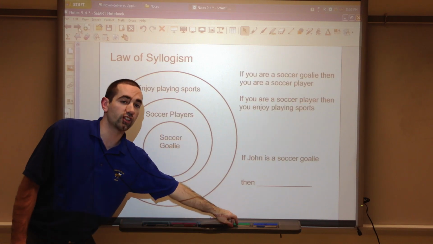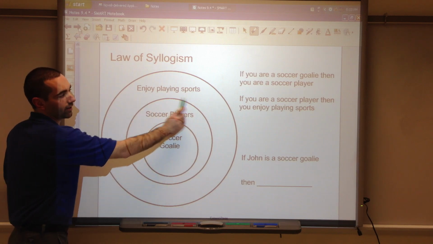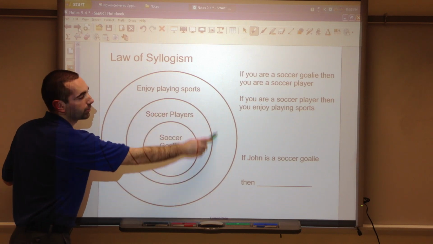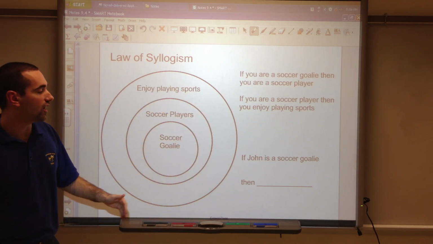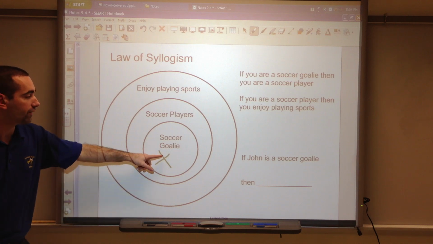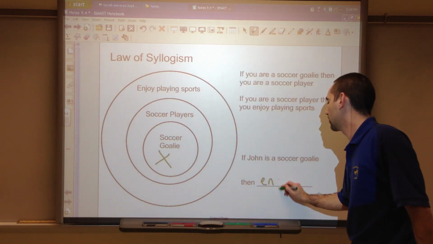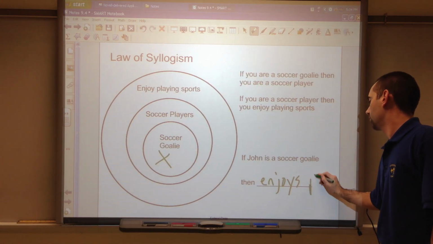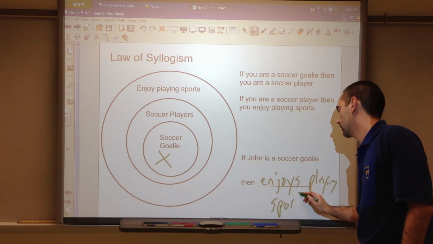So let's go look at an example. If you're a soccer goalie, then you're a soccer player. If you're a soccer player, then you enjoy playing sports. John is a soccer goalie. So what's the jump? If he's a soccer goalie, he enjoys playing sports.